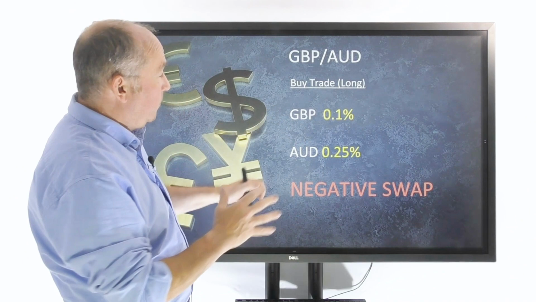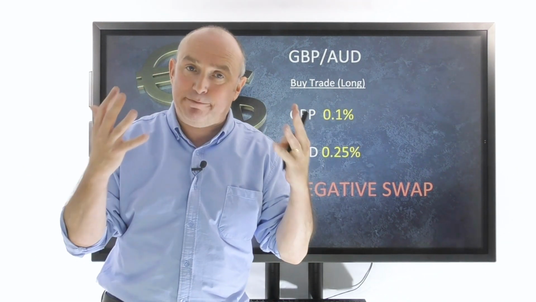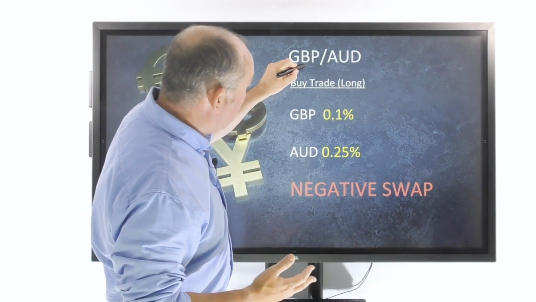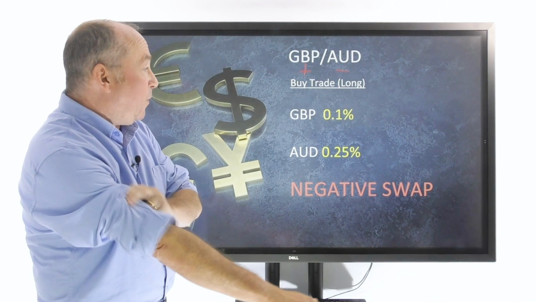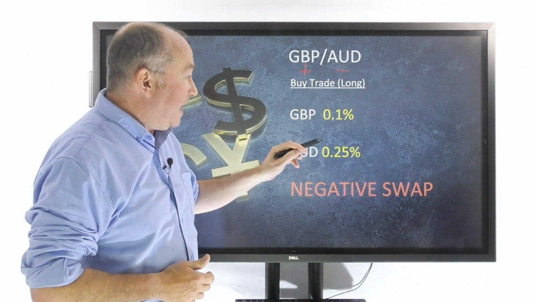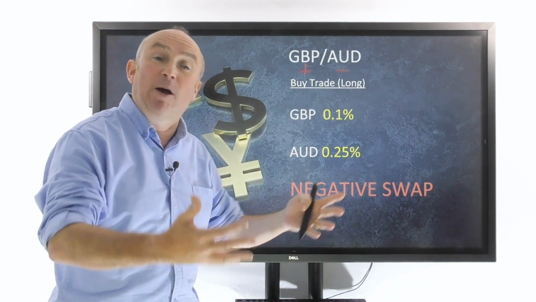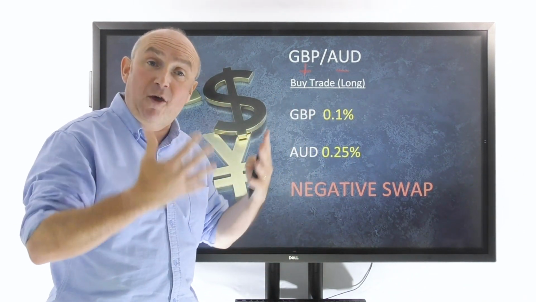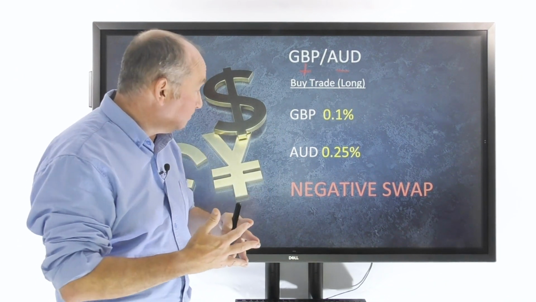So in this example, this is the pound against the Australian dollar. Let's assume we're doing a buy trade. A buy trade means we'll be buying the pound and we'll be selling the Australian dollar. So if we're buying the pound and the interest rate is 0.01%, that is the interest that we receive by holding those pound positions. And again, if you're using leverage, they can be quite big.